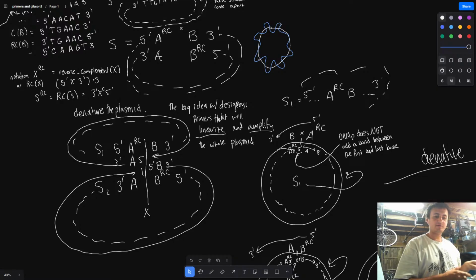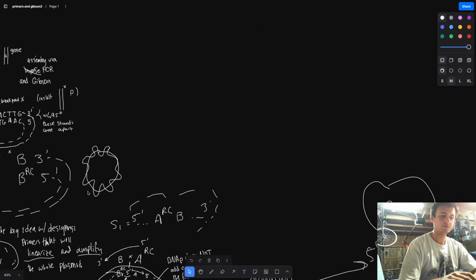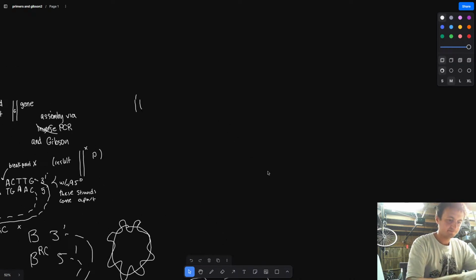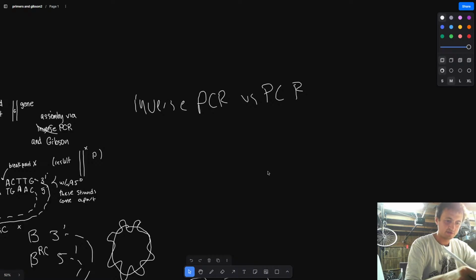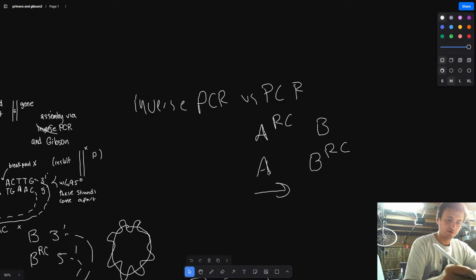Okay, here's a better way to draw it. I'm just going to draw it on the whiteboard because we have a whiteboard. Okay, so inverse PCR versus PCR. It's literally whether or not you go this way and this way, or you go this way and this way.